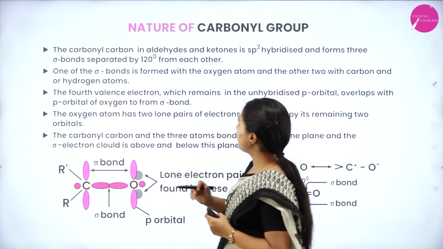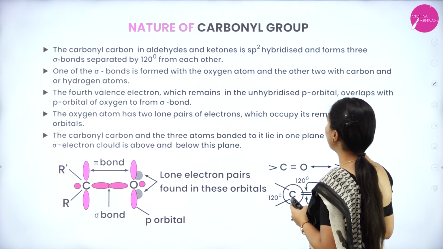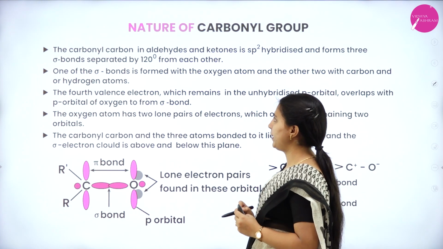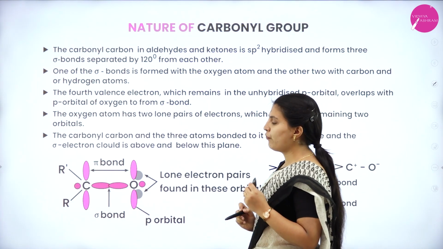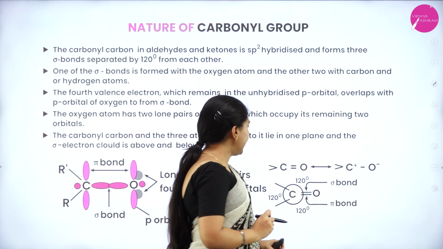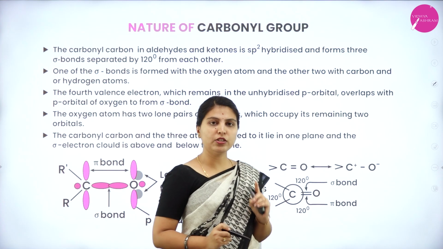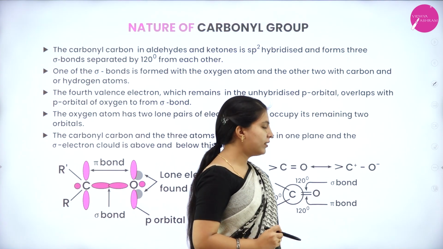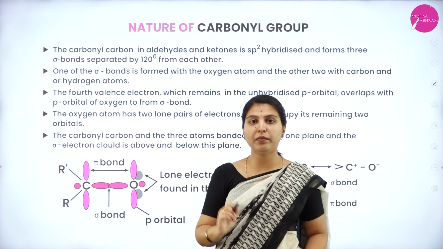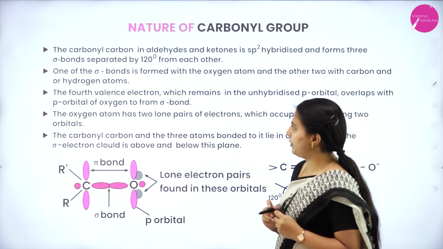The carbonyl carbon in aldehydes and ketones is sp2 hybridized and forms three sigma bonds separated by 120 degrees from each other. See here, C=O, three sigma bonds, 1, 2 and 3, and one pi bond will be formed. Those three sigma bonds are separated by 120 degrees from each other and they are sp2 hybridized.